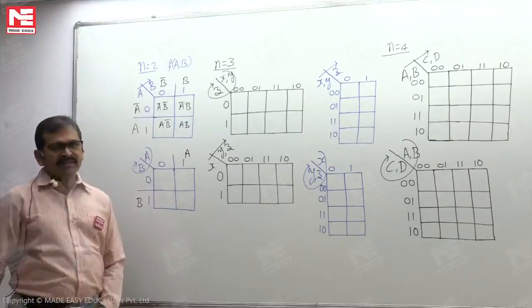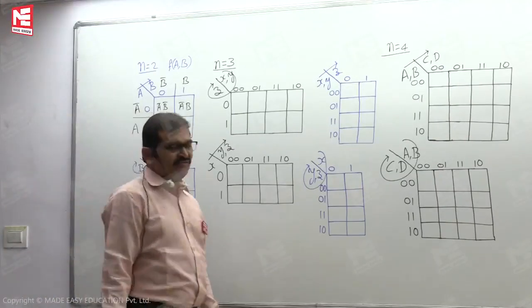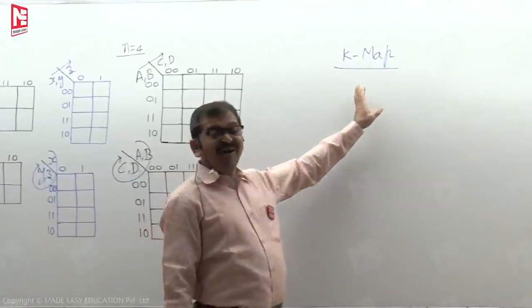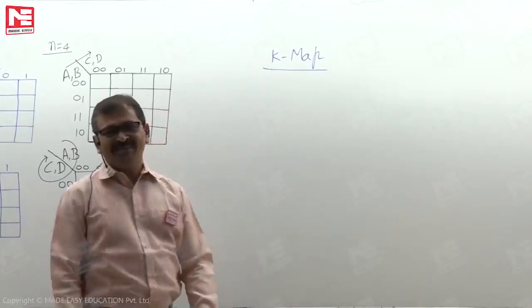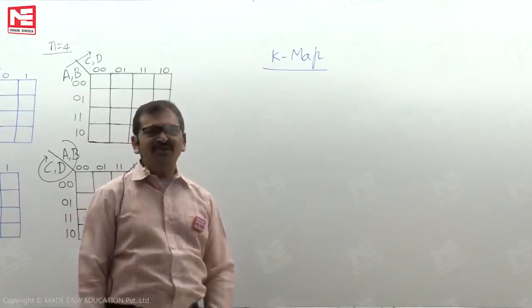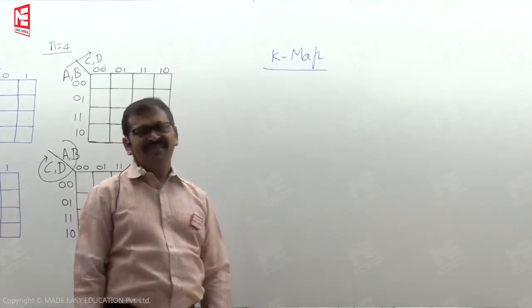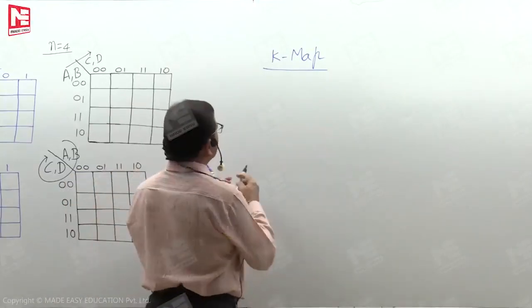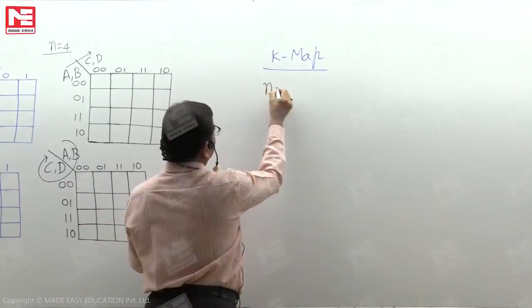Basically, the K-map is the alternative way of writing a truth table. Suppose we have a function on n Boolean variables.